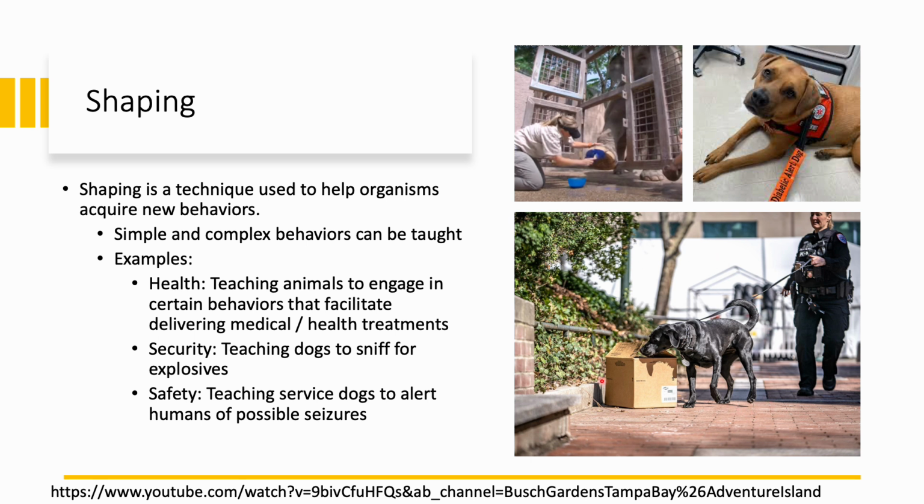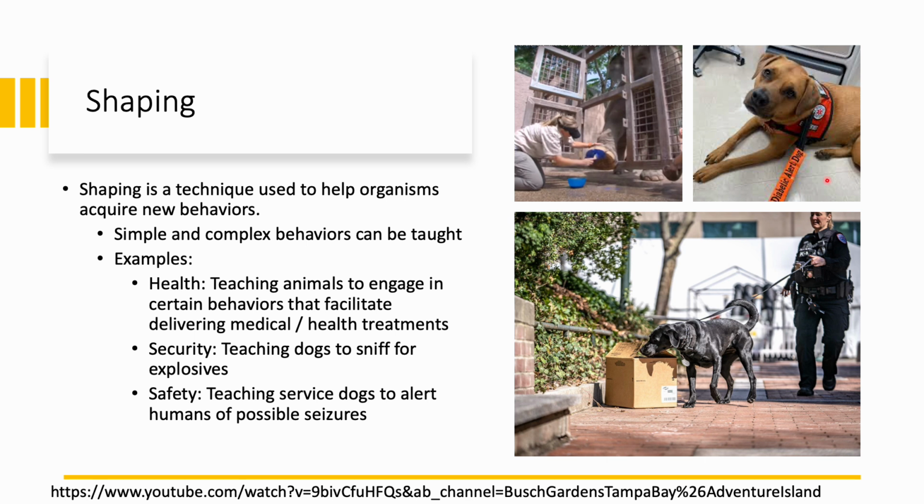This is a skill that has also been taught through shaping. These dogs were not just born knowing how to identify these particular substances. These are skills that had to be shaped over time. They started off with smaller behaviors, smaller approximations to what they really wanted the animals to do. And then over time, they were able to shape up that particular skill.